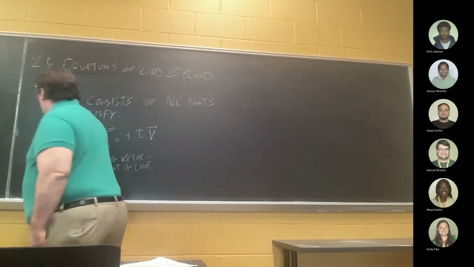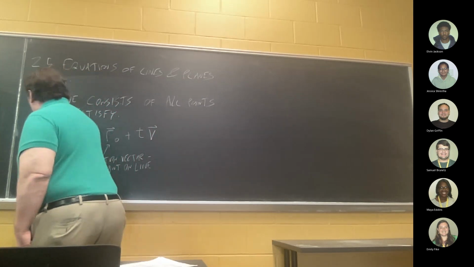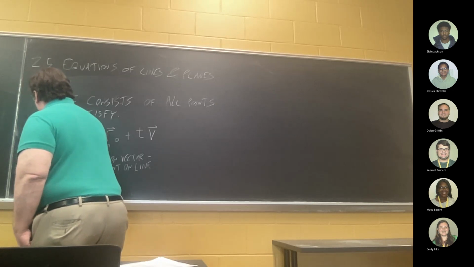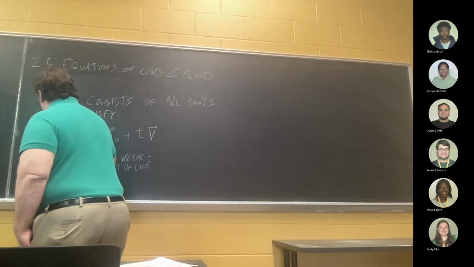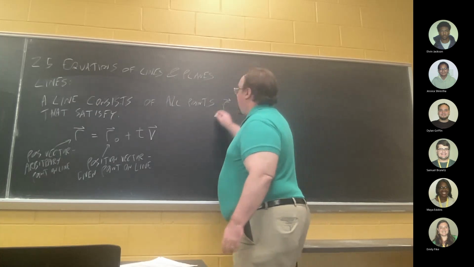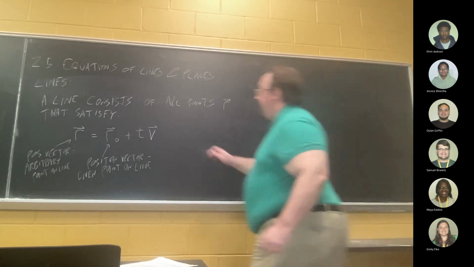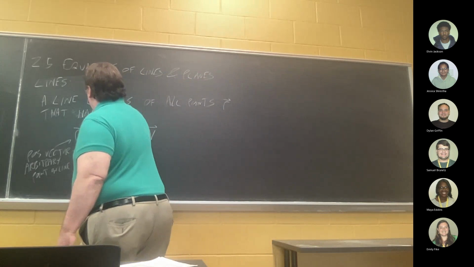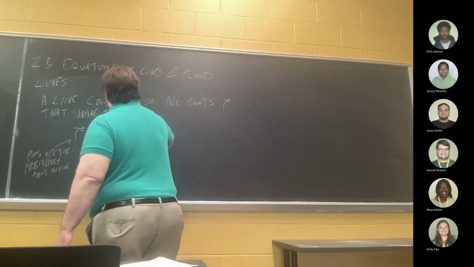Whereas r, also a position vector, refers to arbitrary points on the line. The line consists of all points that can be expressed in this form.